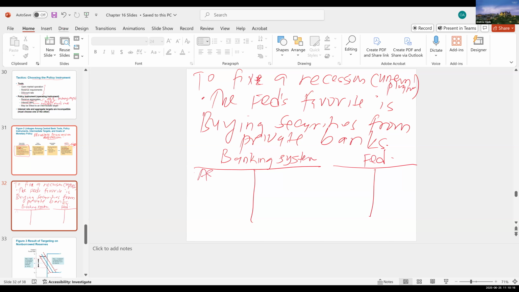So the assets, because the Fed is buying securities from banks, that means banks are the ones selling. If you sell something, you lose it. So the banks are going to lose. We have to debit $100 billion of their securities. Meanwhile, the assets of the Fed, because the Fed is the one buying, will see their securities going up by $100 billion.